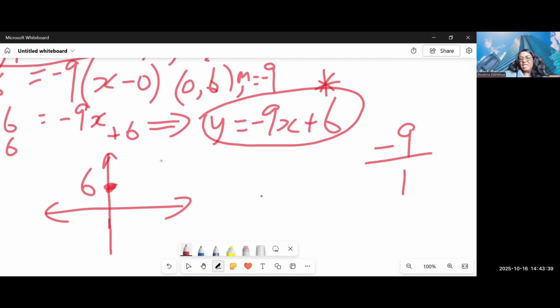Whenever it is negative, I'll count down. So from this 6 here, I'm going to count down. Because it is negative, I went down, so it's going to be somewhere here.